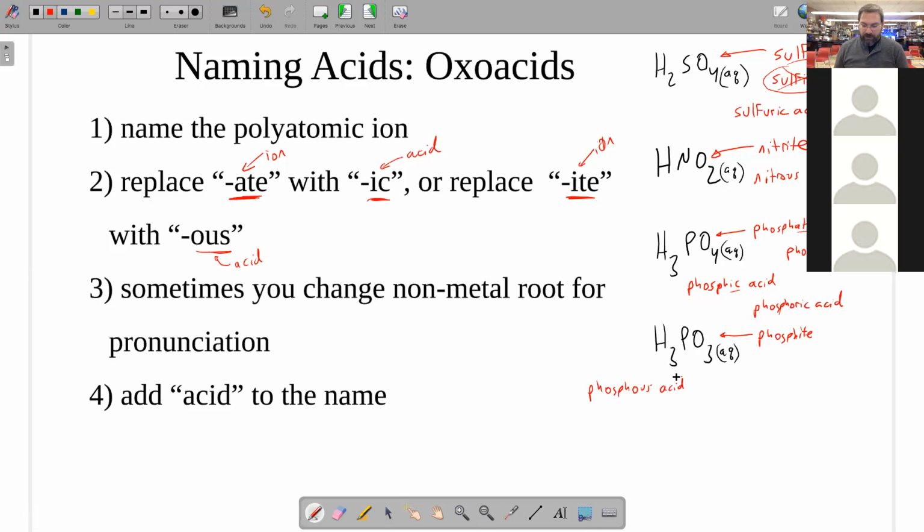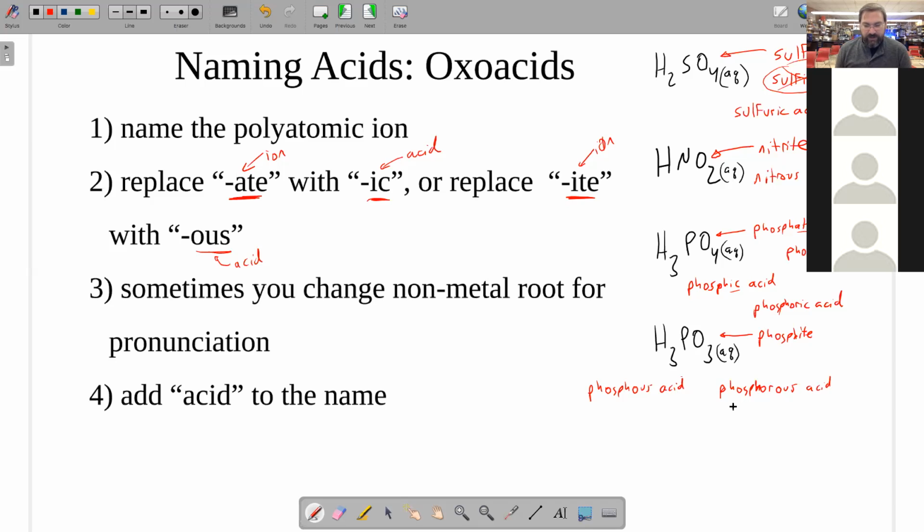And again, phosphite is related to the element phosphorus. So we don't call it phosphorus acid, it's called phosphorous acid. Because the phosphor comes from phosphorus.